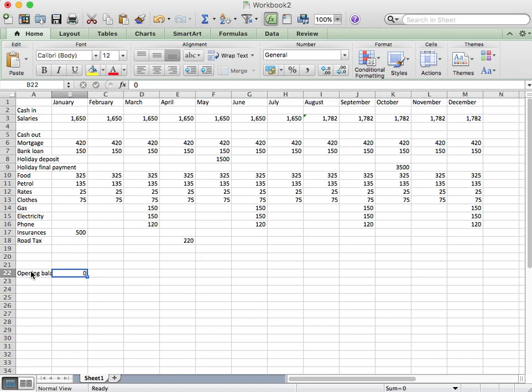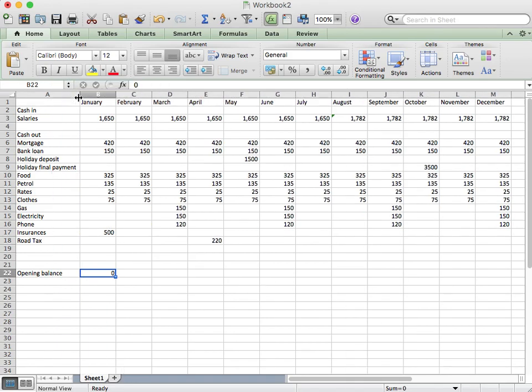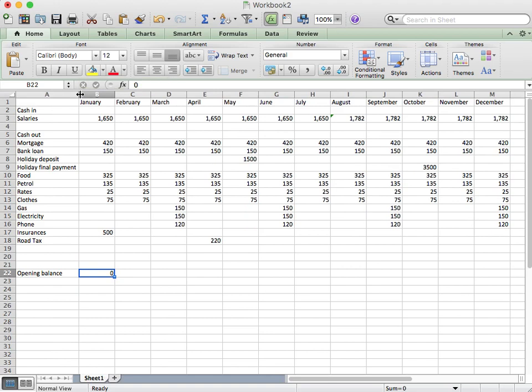Okay, now you can see that line item has gone across the break here, so I want to extend that column out a little bit. I could have double clicked on that, that would have automatically made it equal to the biggest. And we can still see December, so that's good.